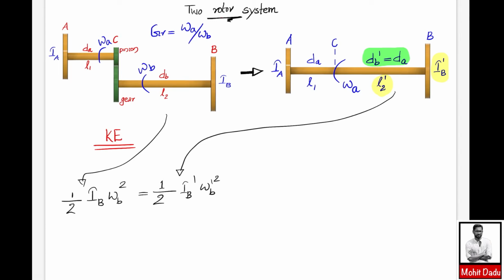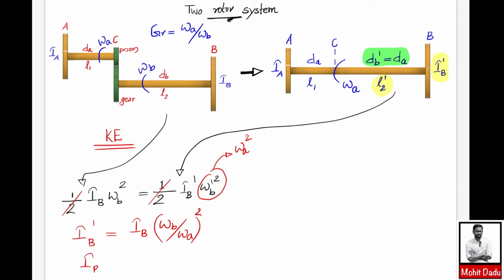But if you observe, this omega B dash means there is a single frequency in this case, that is there is only omega A. So this omega B dash you can write as omega A square. Then this half and half will get cancelled. Here you have to evaluate the change in mass moment of inertia of B, that is IB dash you have to find. So IB dash you can keep on one side, and then this will become IB into omega B divided by omega A the whole square.